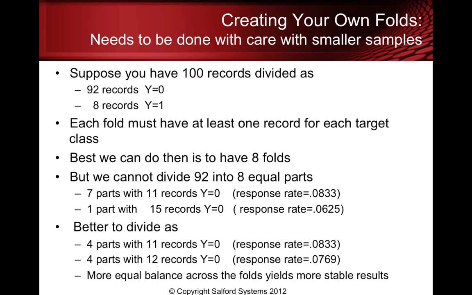This is a topic which, of course, we can't go into in further detail here. We just need to point out that this is something that you will have to pay attention to when things don't naturally divide perfectly according to the number of folds that you want to run.